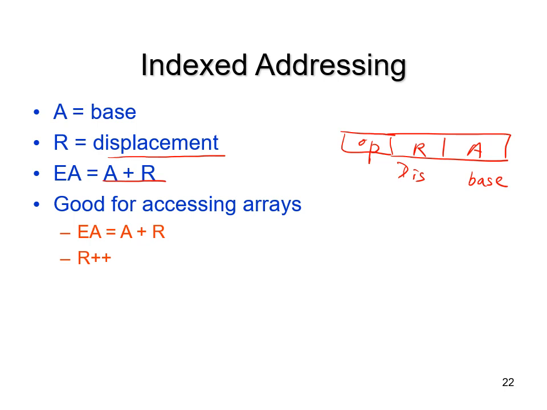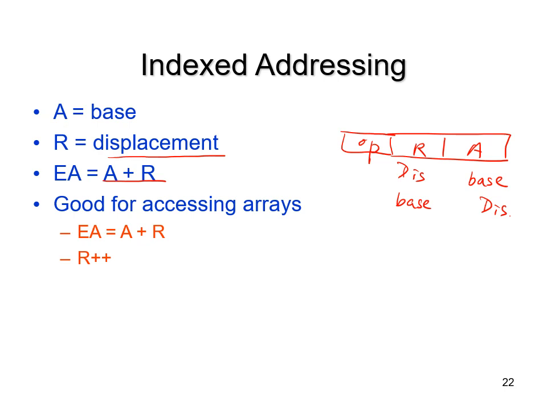But for displacement addressing, we reverse the position, where A becomes our base and R becomes our displacement. It depends on how you describe which one is the base and which one is the address.